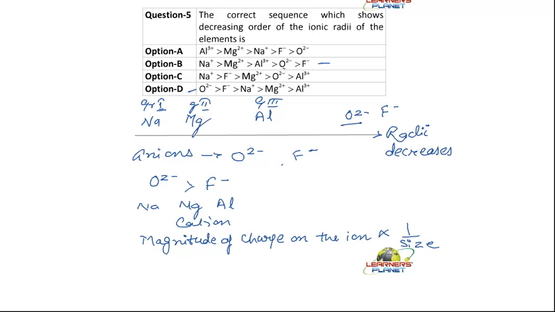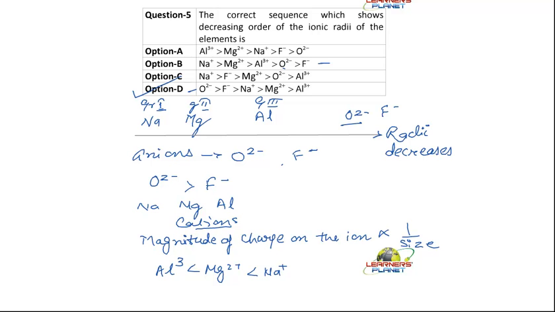This is in case of cations, right? So more is the positive charge, smaller is the ion. It means your Al3 plus is smaller than Mg2 plus, which is smaller than sodium plus. So we have got our answer.